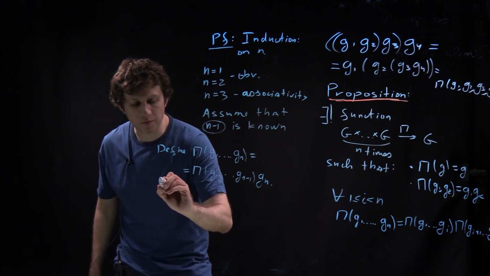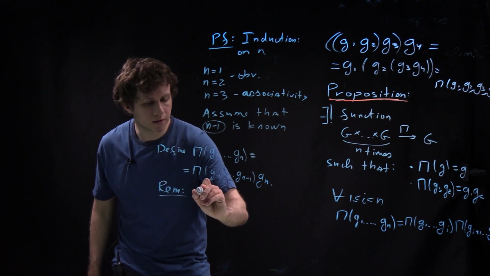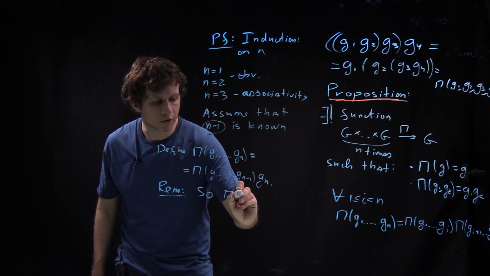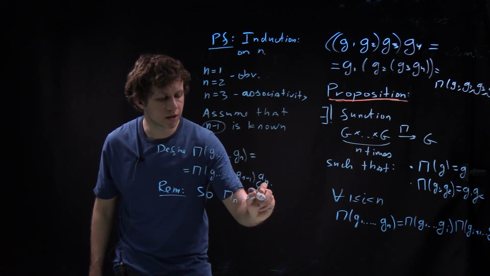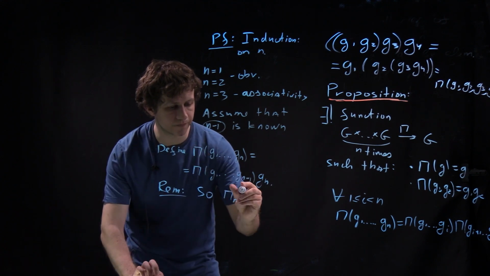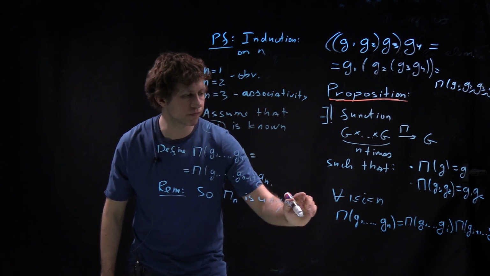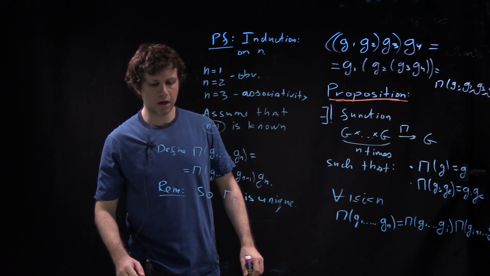So we just remark that P for n, let me denote it Pn, when you have n inputs, this P is unique. It's unique because, as a corollary of its property, you immediately get the definition.